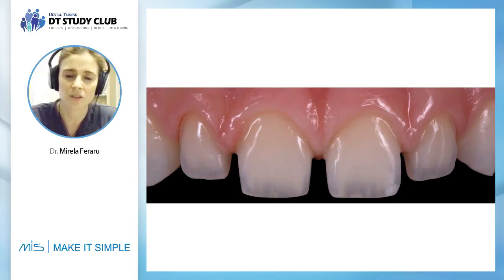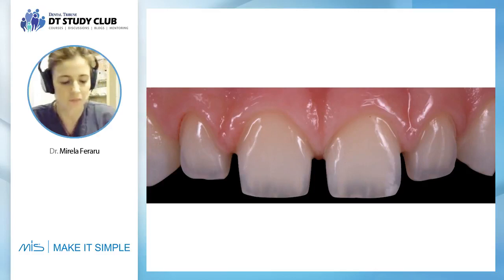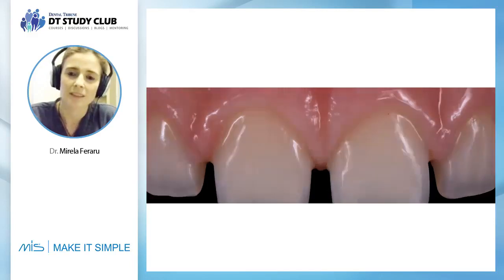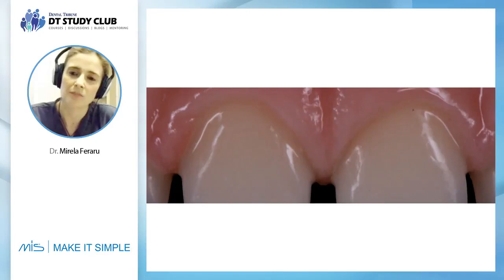Now, what is important to understand is that when we perform this type of case, one thing for sure, we will not like to end up with black triangles, meaning that closing of the gaps will have to be done properly. So the dental technician, in order to be able to give a proper contour to the ceramic restorations, needs to have a correct preparation design and also a correct position of this preparation related to the tissues.